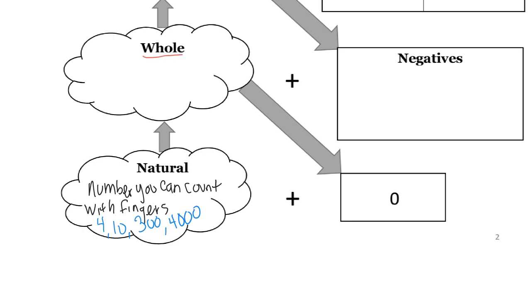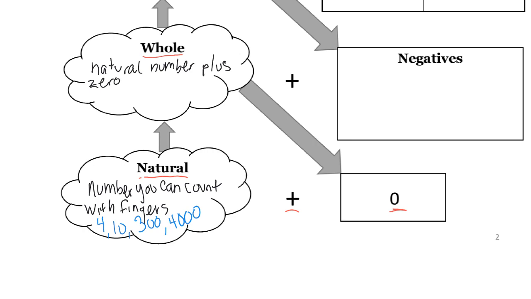Whole numbers are natural numbers plus 0. So that's the only difference. Whole is natural numbers plus 0. So we have the same kind of numbers.